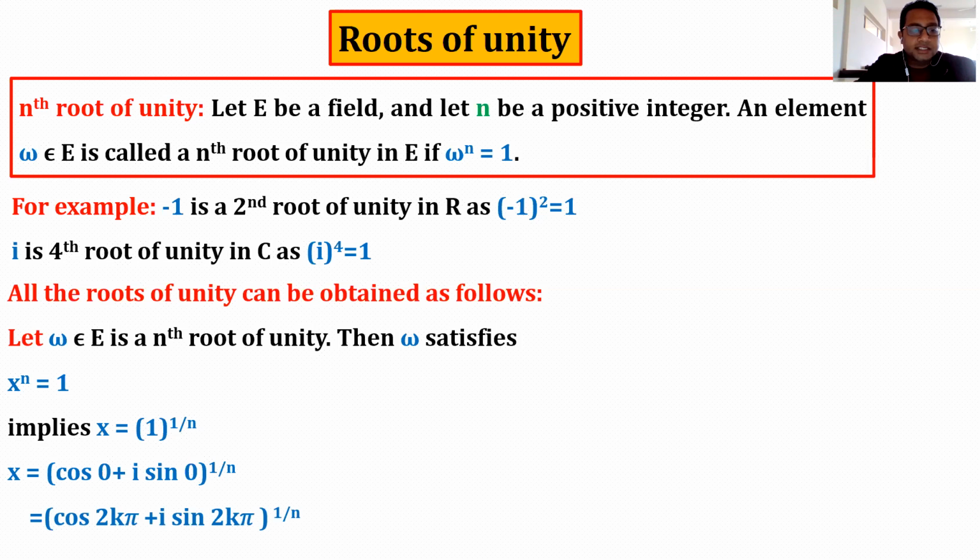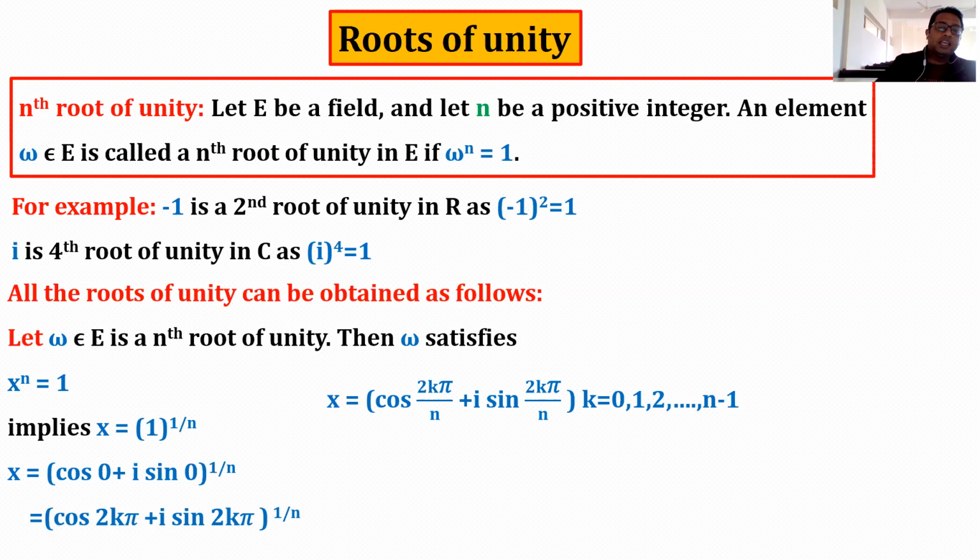You can also replace cos 0 + iota sin 0 with cos 2k pi + iota sin 2k pi, where we have added 2k pi as the general value. Now x will be, according to De Moivre's theorem, cos 2k pi/n + iota sin 2k pi/n, where k varies from 0 to n minus 1.